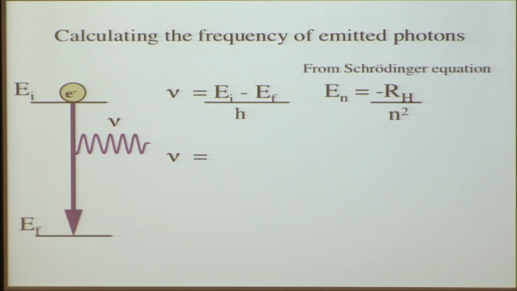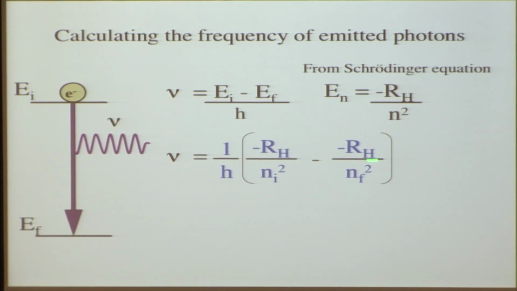We'll pull out Planck's constant, so 1 over h. And then we can substitute in minus RH over the initial n level squared minus RH over the final n squared.